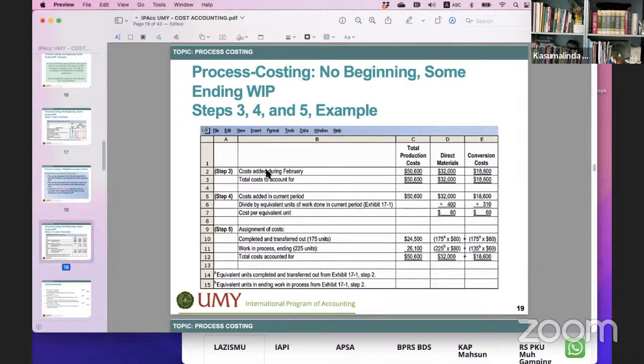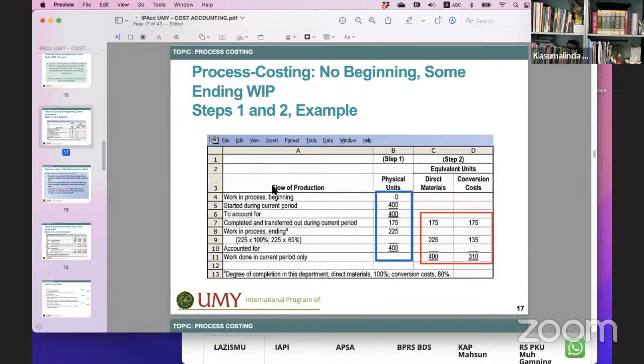So as shown here, the item that appears here is only the cost added during February, and it doesn't show you the cost from the beginning work in process. Why? Because work in process is 0 here.